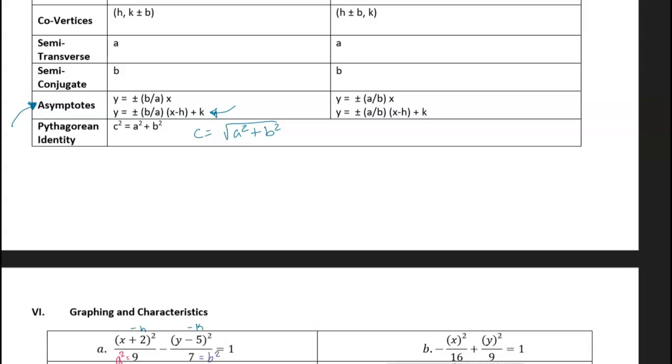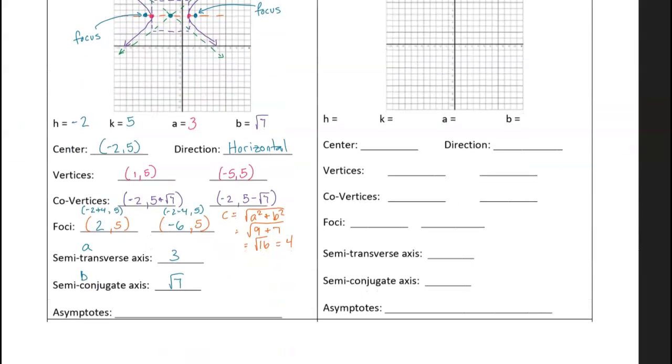My asymptotes are located at y equals plus or minus b over a times x minus h, plus k. So all I'm doing is plugging in values to get my equation for the asymptote. Y equals plus or minus b, which is square root of 7, over a, which is 3, times x minus h, which h is -2, so this becomes plus 2, and then plus the k.